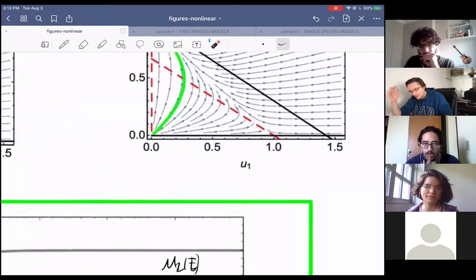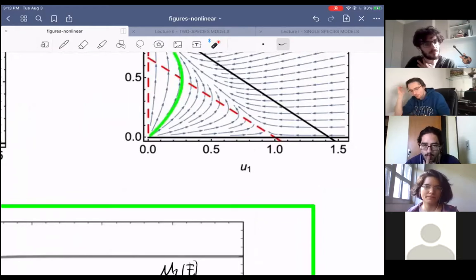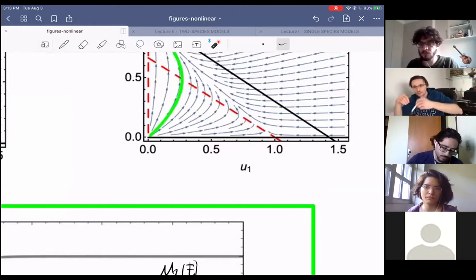Regarding the stability of this second point, we will come back to this type of points in a second. They are called saddle nodes because they are stable in one direction and unstable in the other direction. We can calculate the direction of the stability and the instability using linear stability analysis.